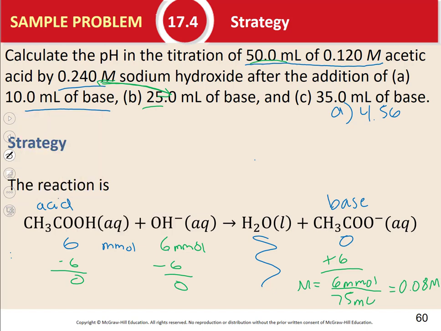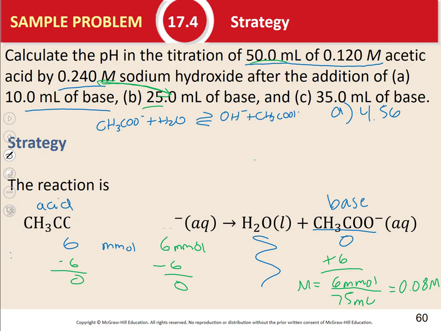All right, so if we were to now do an ice table, we would now have the acetate ion reacting with what? Water. Good. To make our hydroxide and our acetic acid.